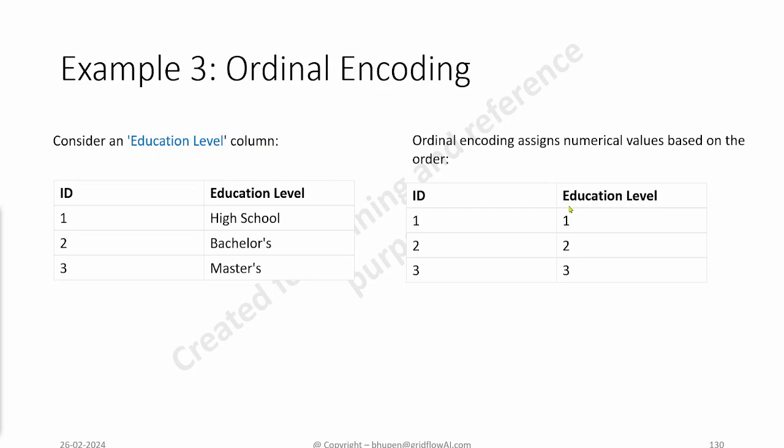In that sense, we have a numerical order also here reflecting the increase in the order. Now the problem here is that the difference between the two is not a constant factor. That's the only problem with ordinal encoding.